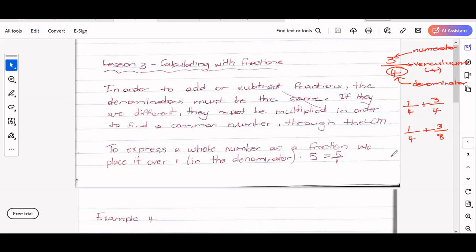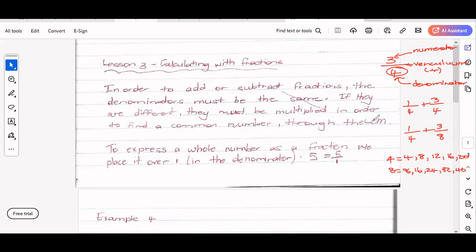So the multiples of 4 are 1/4 is 4, 2/4 is 8, 3/4 is 12, 4/4 is 16, 5/4 is 20. All right, so those are the first 5 multiples of 4. The first 5 multiples of 8: 1/8 is 8, 2/8 is 16, 3/8 is 24, 4/8 is 32, and 5/8 is 40.